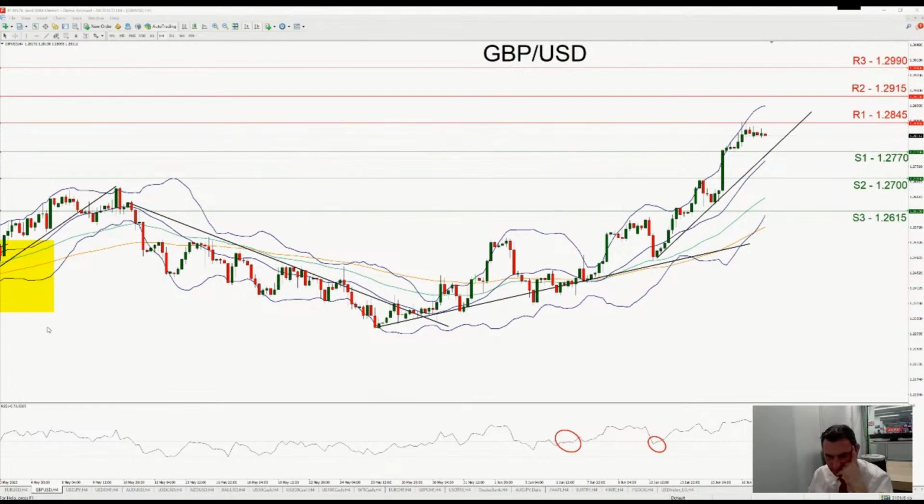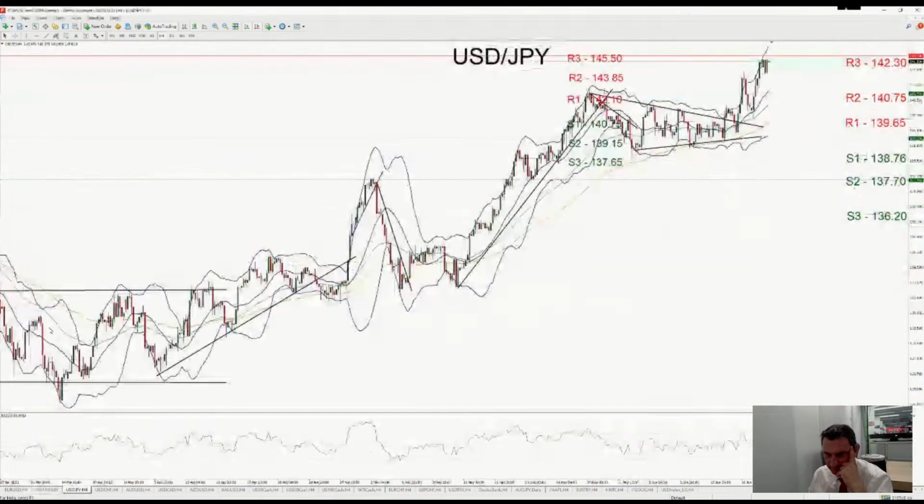Let's have a look at USDJPY. Zooming in a little bit.